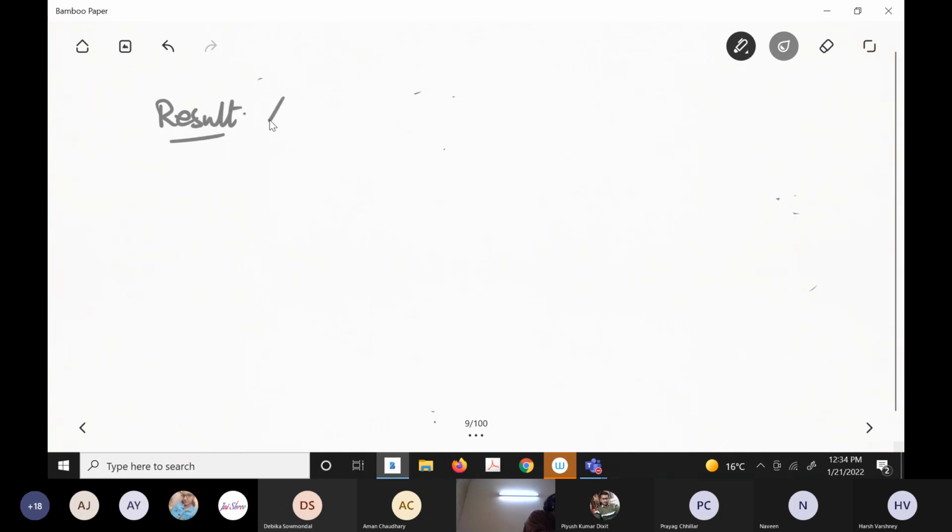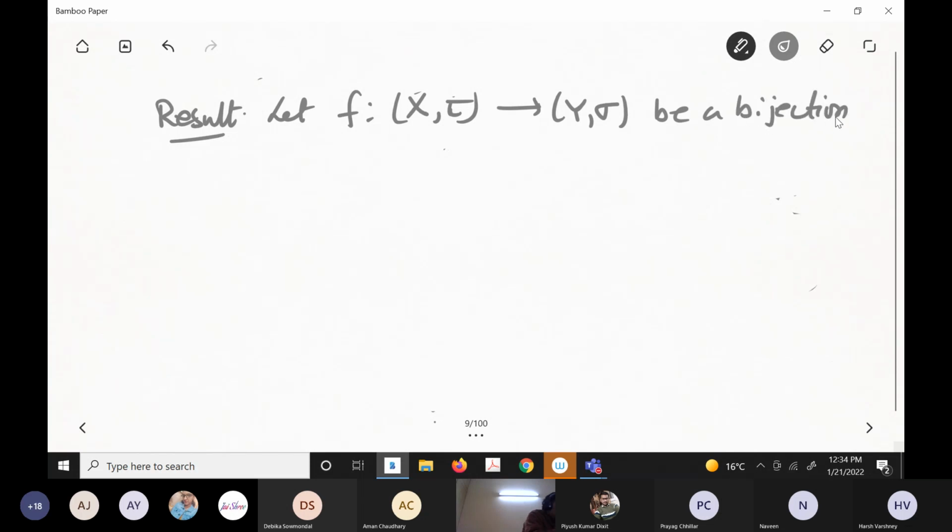Let f: (X, tau) to (Y, sigma) be a map, paired by action, a one-to-one correspondence between two topological spaces. Then the following are equivalent. I have taken a bijection.